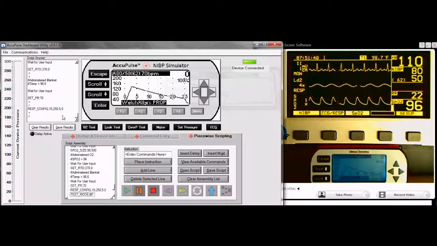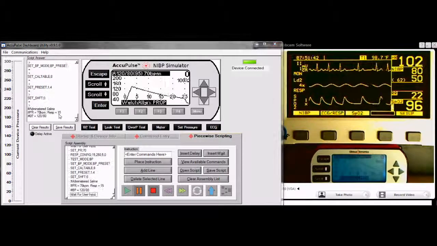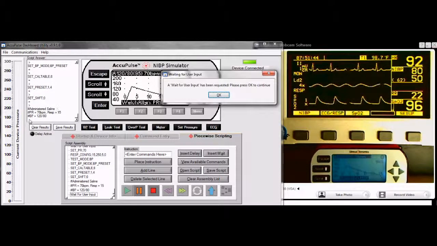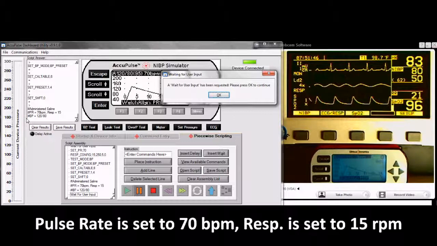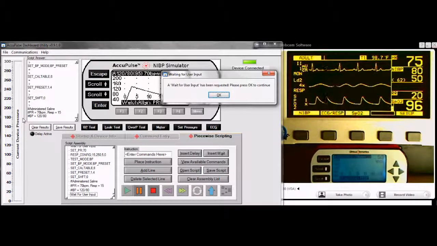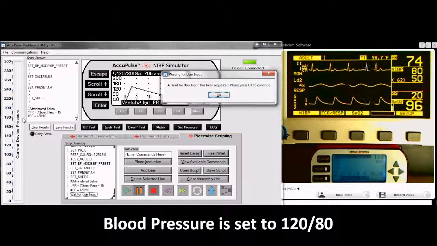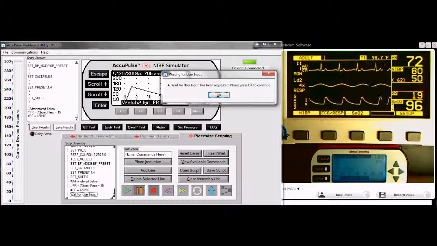Following the administration of volume expansion with normal saline boluses, blood pressure measurements are acquired and the non-invasive blood pressure returns to 120/80 and the pulse returns to 70 beats per minute. Respiratory rate slows to 15 breaths per minute.